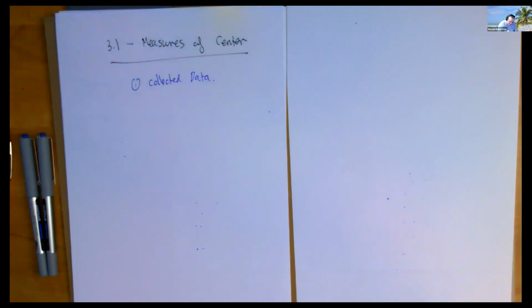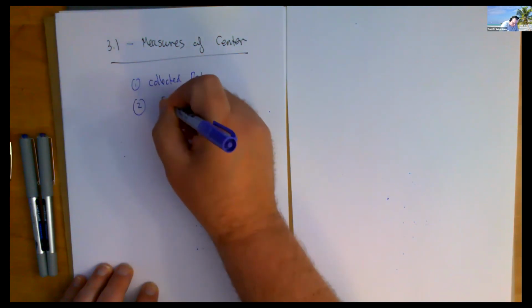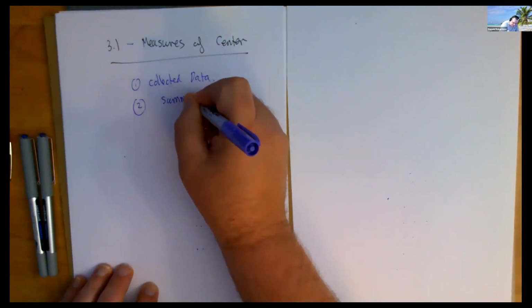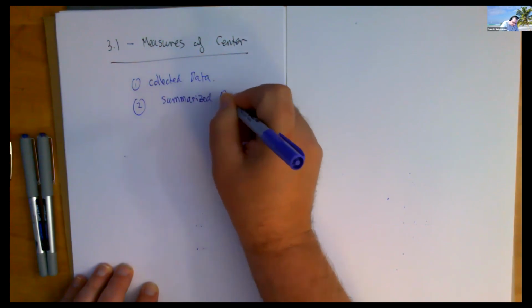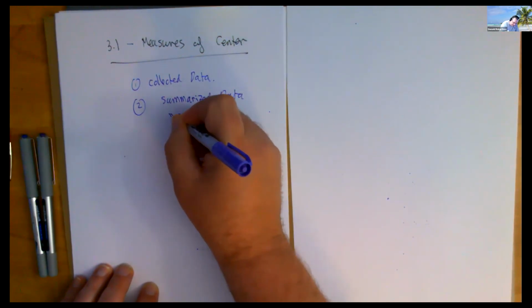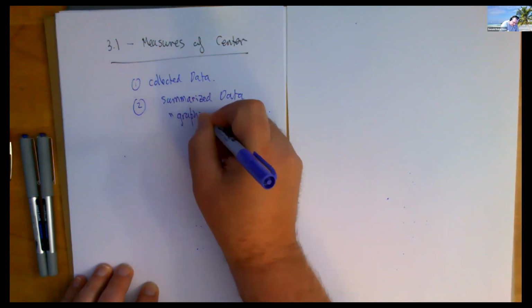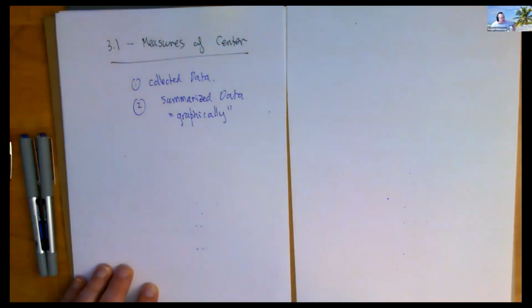And the second thing is that we've summarized the data graphically, which is kind of what we've just finished doing. You take the data and you make histograms, bar charts, pie charts, time series, stem-and-leaf plots, back-to-back stem-and-leaf plots, and frequency tables as well. So that's the data summarized graphically.